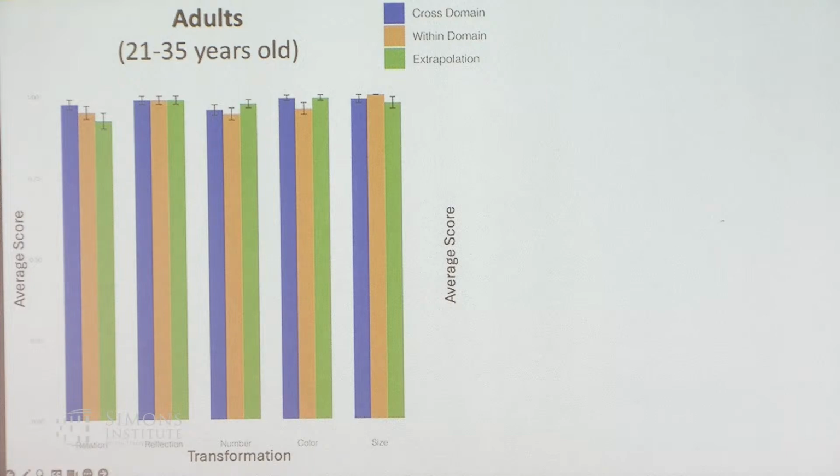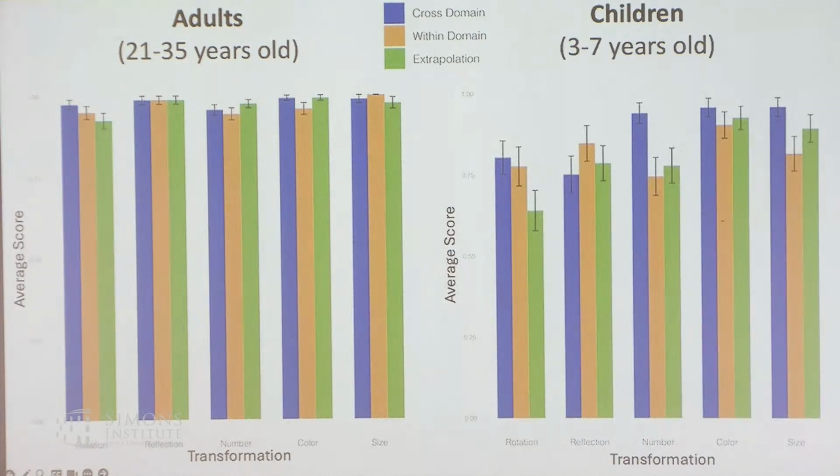What we see with adults is they do really well. Children are also doing really well, a little bit worse, but they're still significantly above chance. Extrapolation would be at 33% if it's chance level, and they're doing significantly above that. I haven't collected enough data to show any age differences, but in general, we see that 6-year-olds are at ceiling, and even 3-year-olds are doing this significantly above chance.